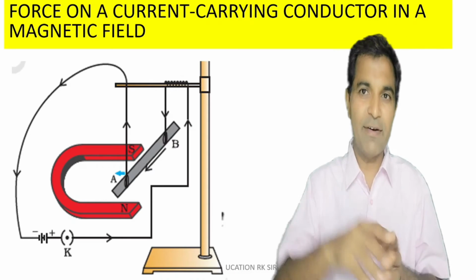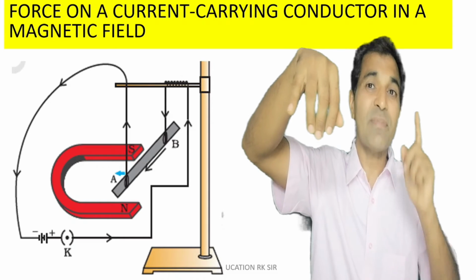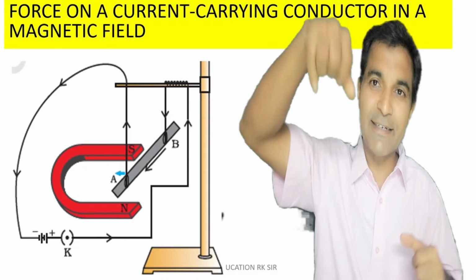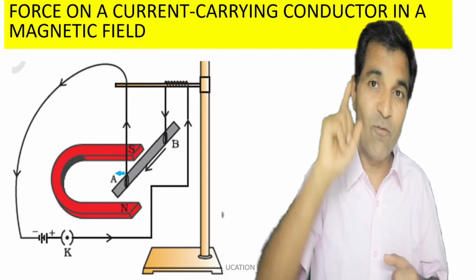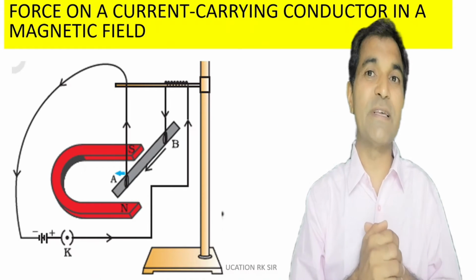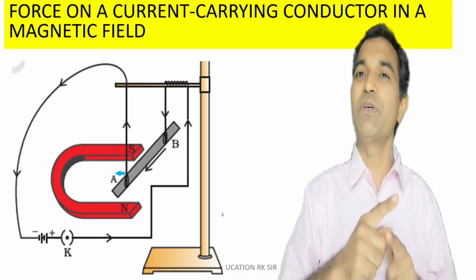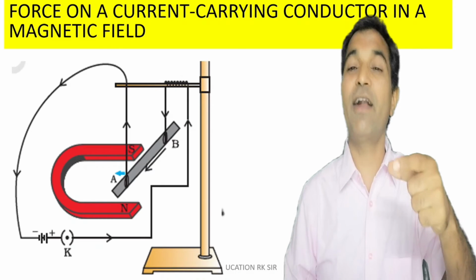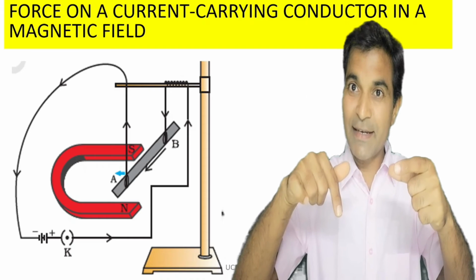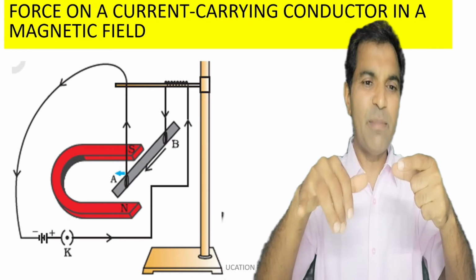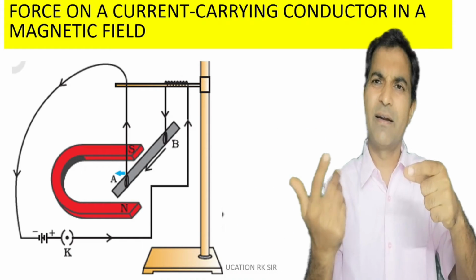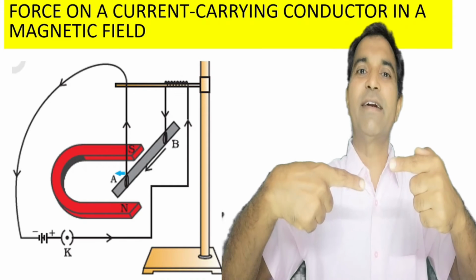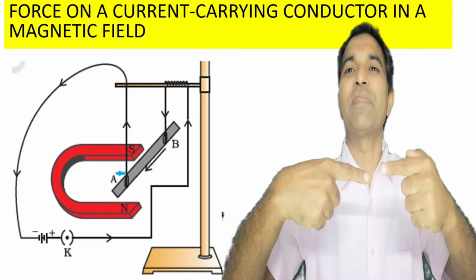Repeating, whenever a freely suspended current carrying conductor is placed, we observe that when we pass current through it, it will become a magnet, and when we bring another magnet, a bar magnet, this magnet and this electromagnet will have a certain relationship.